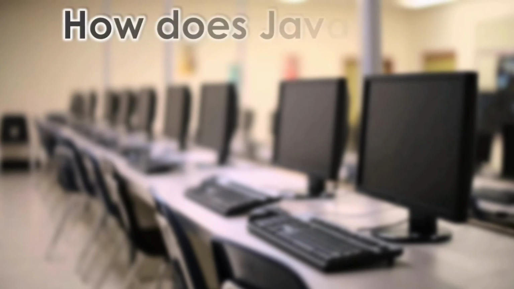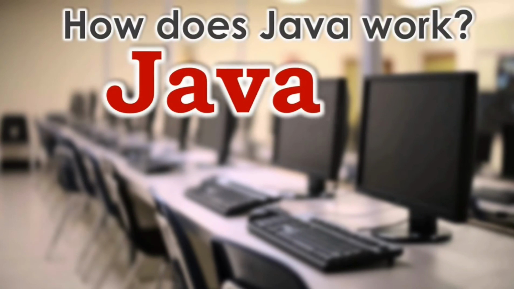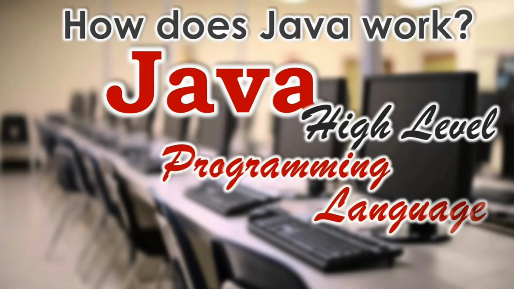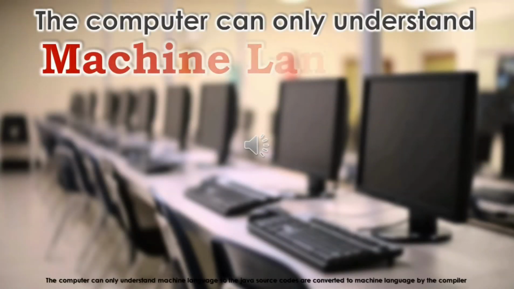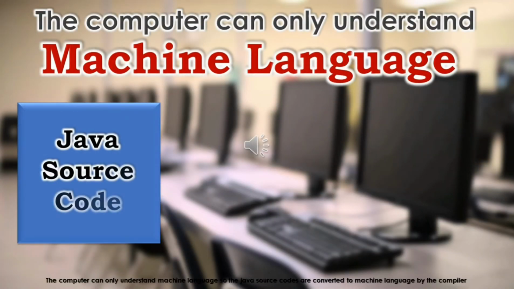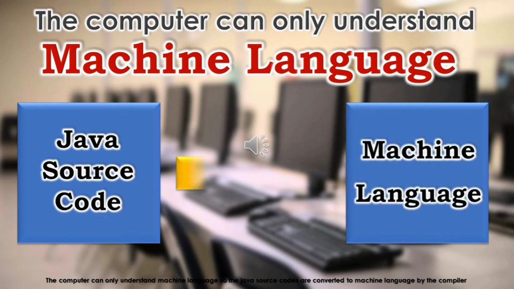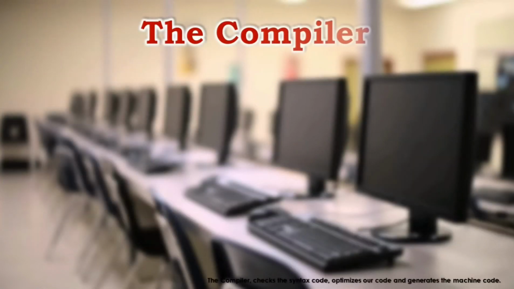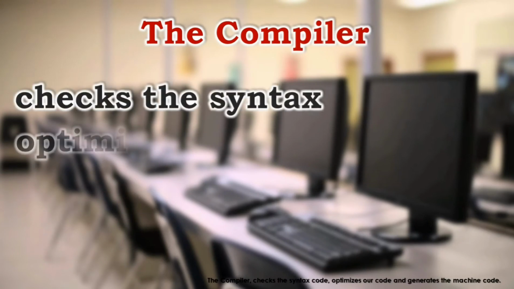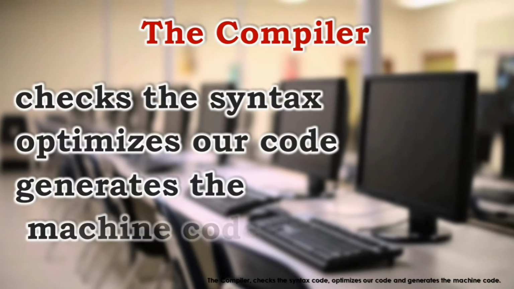How does Java work? Java is a high-level programming language, somehow easy because it uses English-like codes. The computer can only understand machine language, so the Java source code is converted to machine language by the compiler. The compiler checks the syntax code, optimizes our code, and generates the machine code.